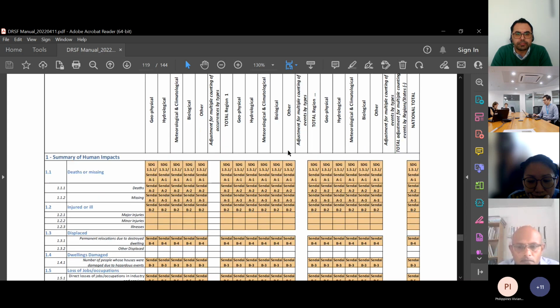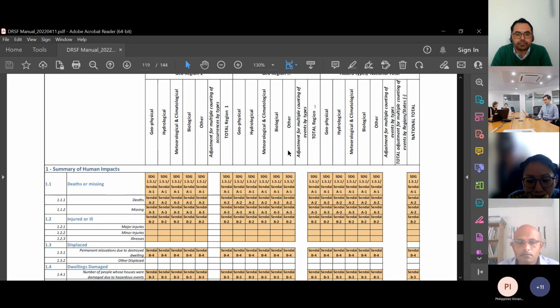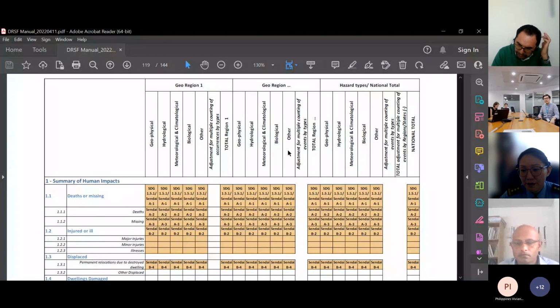So this table tries to provide more information on whether we can organize the information by different types of hazards that happen, and by different levels of administrative divisions in the country.